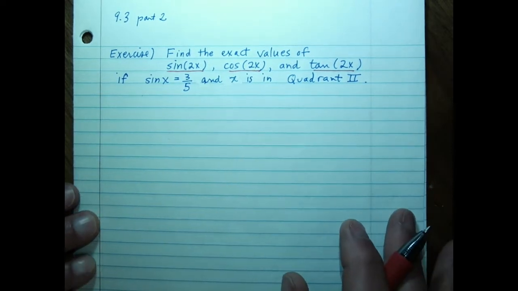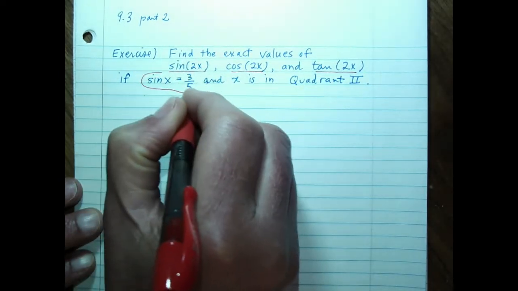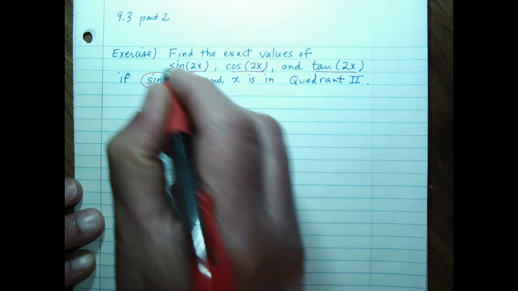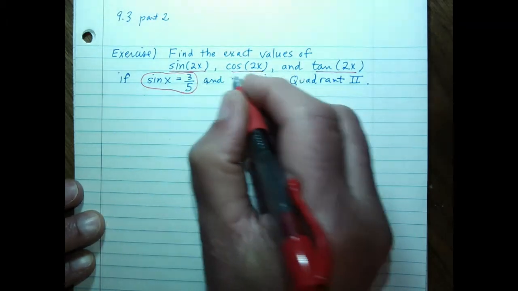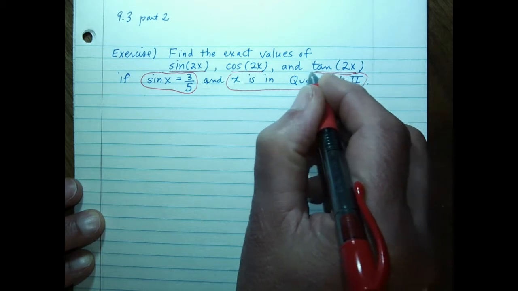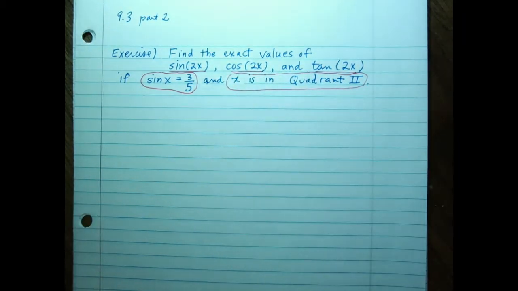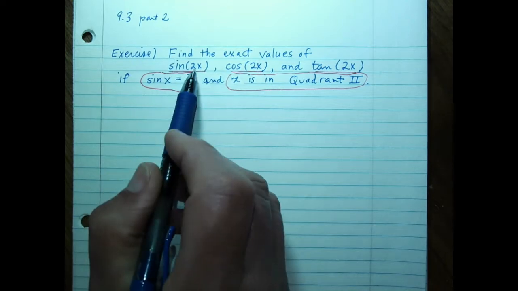And what we're given is we know a value for sine. We know sine of x itself is 3/5. And we also know x is in quadrant 2. So we may have to make use of that quadrant information along the way. So I want to find sine 2x.